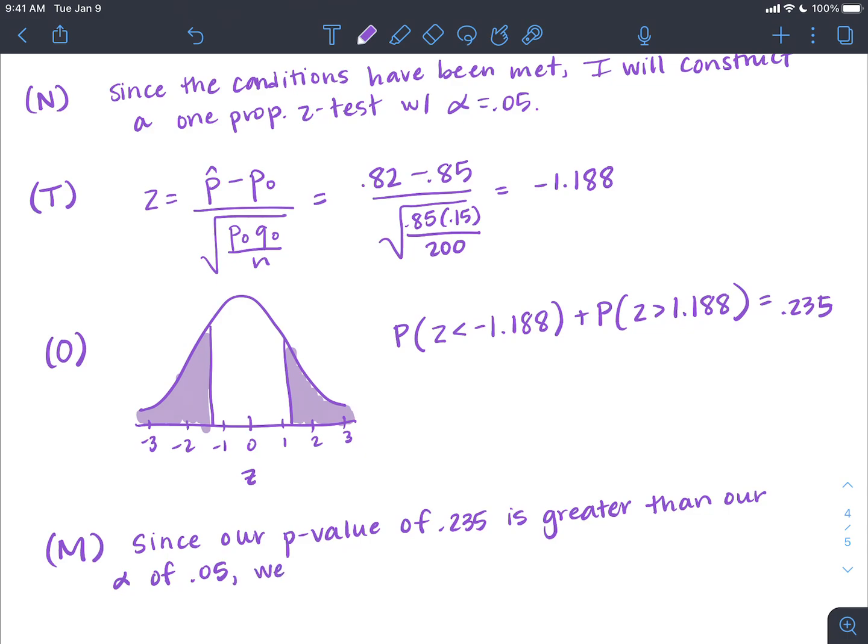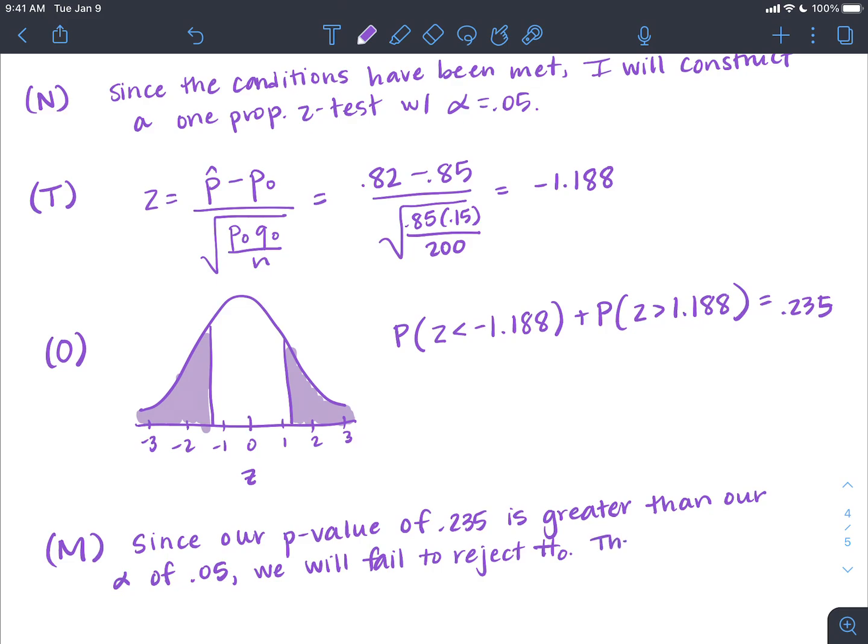So we will fail to reject the null hypothesis, okay? Because we're not surprised. That 82% that we got, or at least the distance of that, happened by chance 23% of the time. So it's not very significant is what we would say here. Not significant.